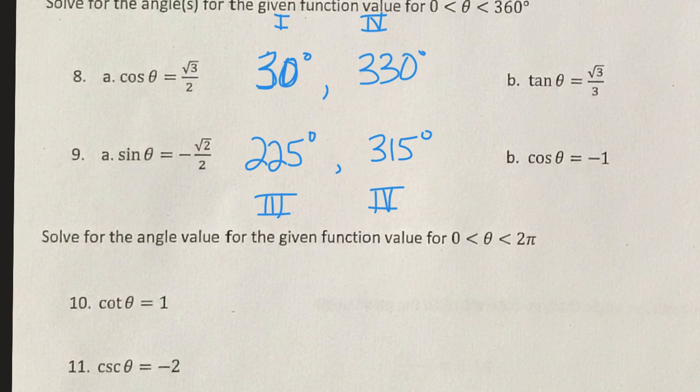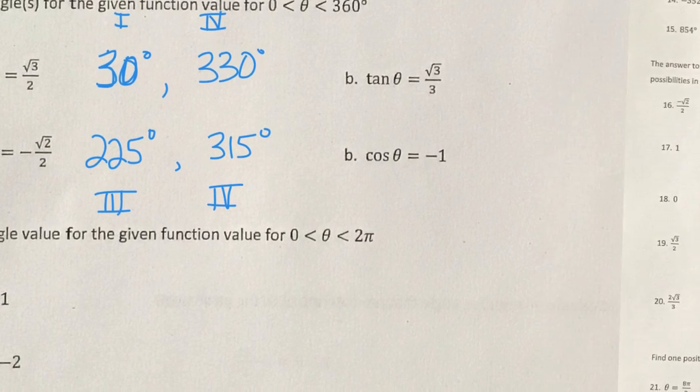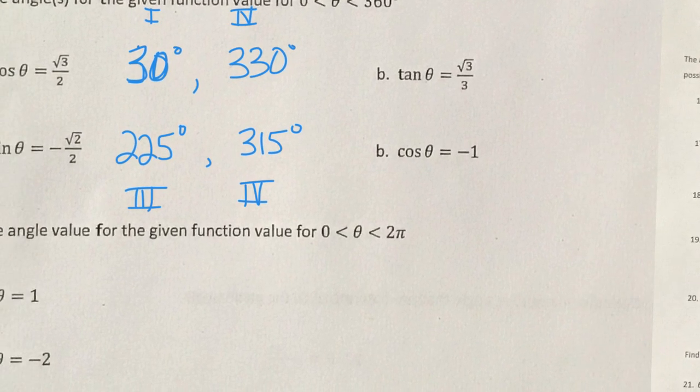Okay, those are the 45 degree angles in each of your quadrants. Tangent is √3/3. Okay, let's see. That comes from a ratio where we must have a sine value of 1/2 and a cosine value of √3/2.